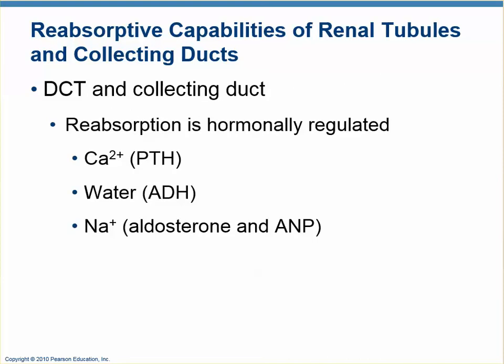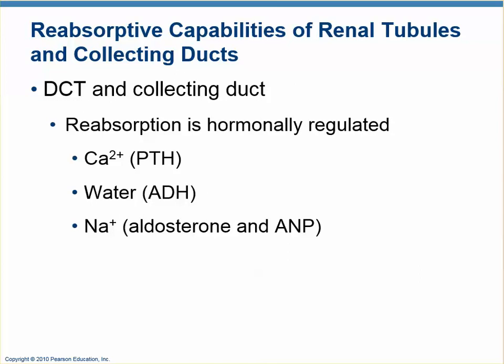In the distal convoluted tubule and the collecting duct, there are carriers. There is facilitated diffusion, aquaporins, and calcium channels, and actually active transport of both calcium and sodium that are controlled hormonally.